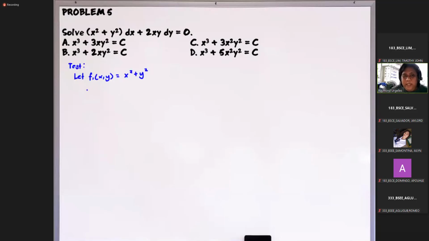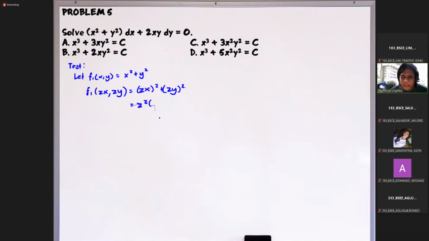Okay? So ang gagawin lang natin dito is papalitan natin yung x ng zx, papalitan natin yung y ng zy, diba? So then pag na-factor out natin yung z, that is a homogeneous function. Diba? So makikita natin dito, this will be zx squared plus this will be zy squared. Okay? So then we can factor out z squared.